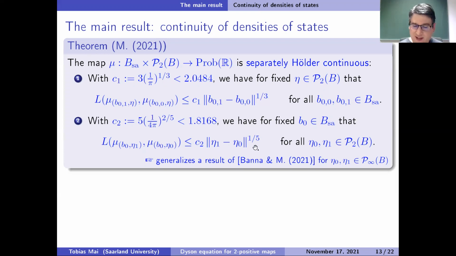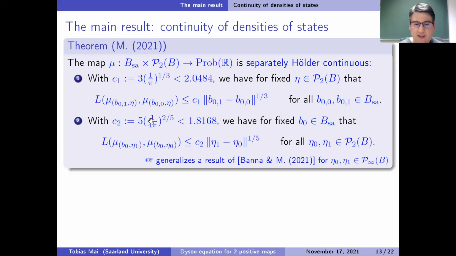And if I, on the other hand, fix my self-adjoint part and vary the completely positive, the 2-positive maps, I'm sorry, then I have this result here for the Lévy distance with the constant C2, again a universal constant of this form.